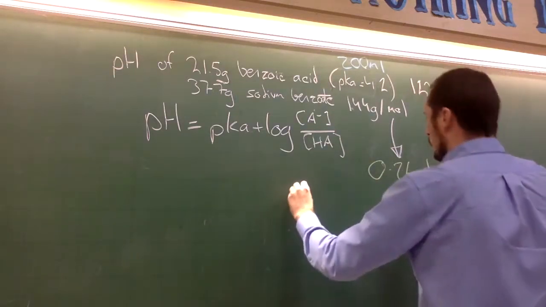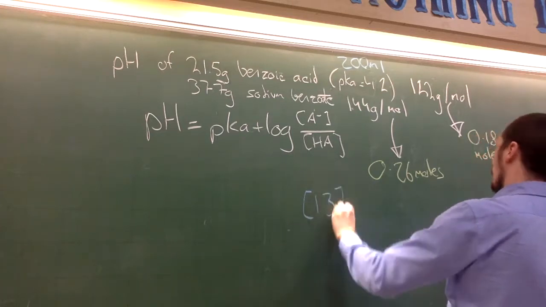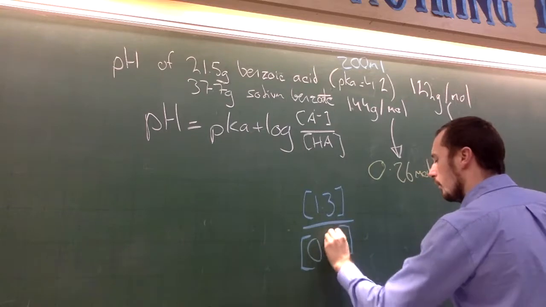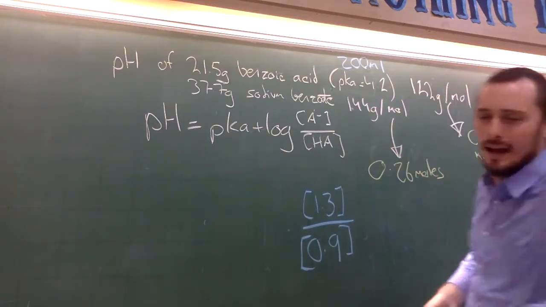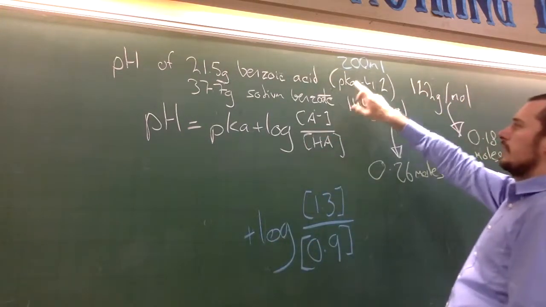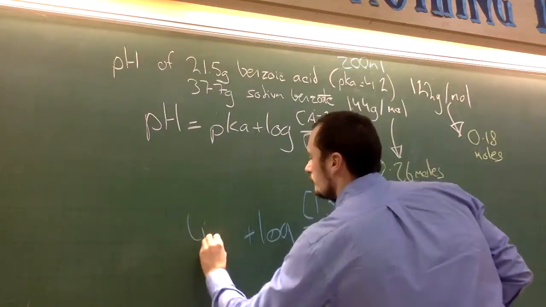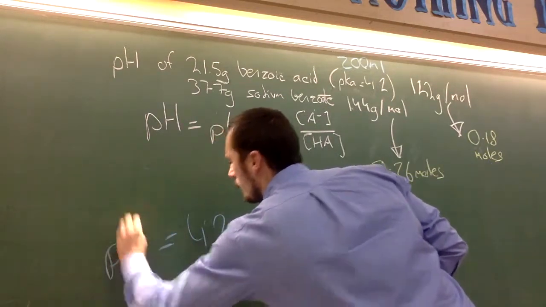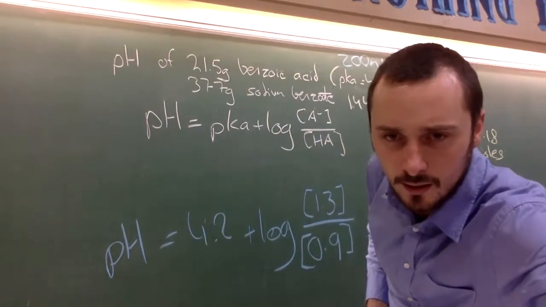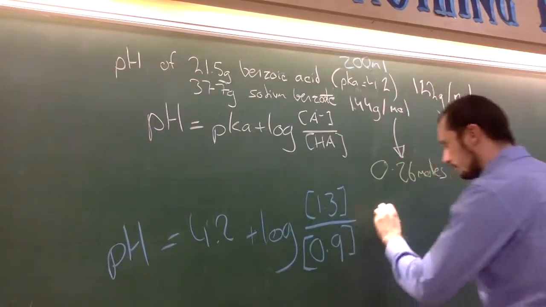You end up with concentrations of A minus being 1.3, and your concentration of HA being 0.9. And then you can just add in the rest of the details. The pKa of benzoic acid is given, you should know it, 4.2 equals pH. And you should end up with a pH of approximately, if I double check, 4.414.